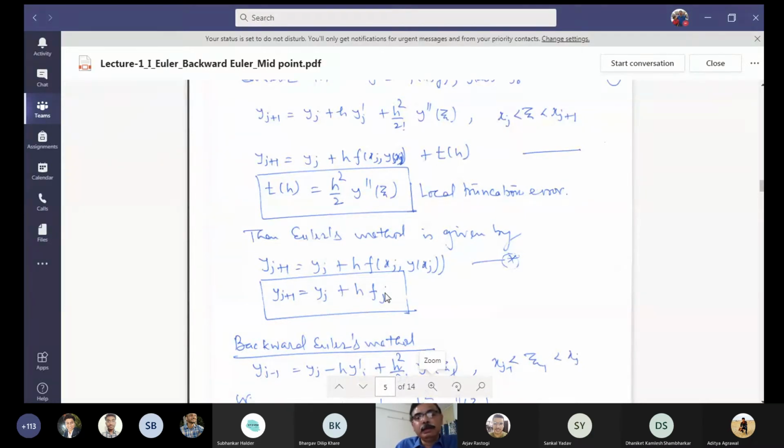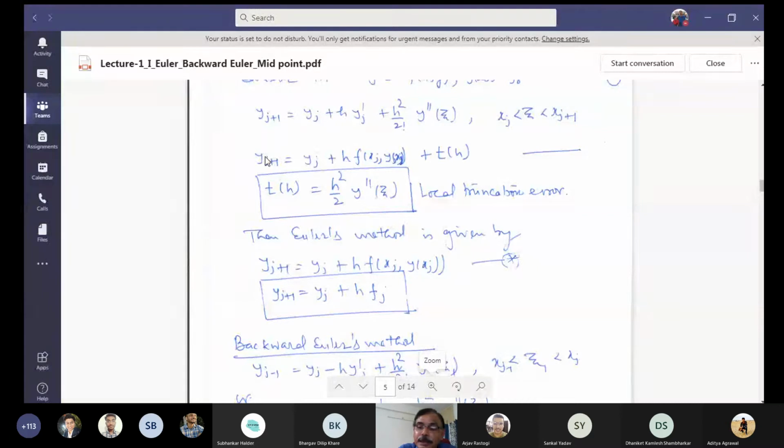Otherwise, actually it should have been written differently, but since in your book it is written this way, I am following the same notation. Otherwise, for continuous solution, it is normally written as y of xj instead of yj, and f of xj, y of xj, completely. If you see good books, for example Atkinson and others, you will find this type of notation. But in the Iyengar book, it is written like this.